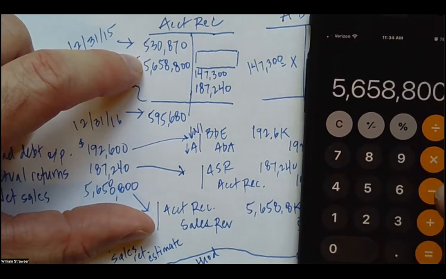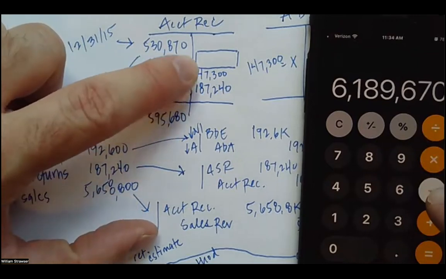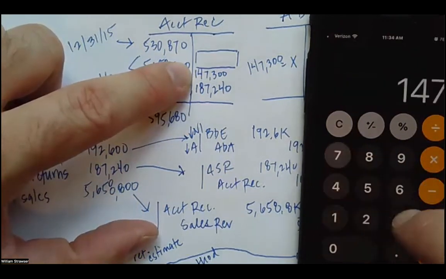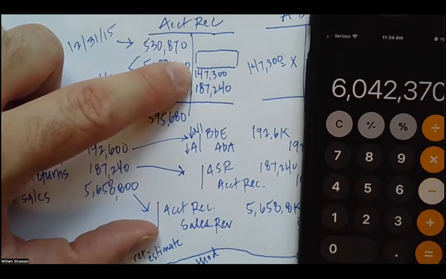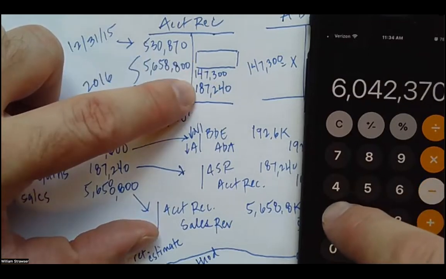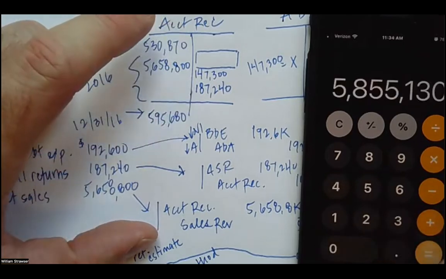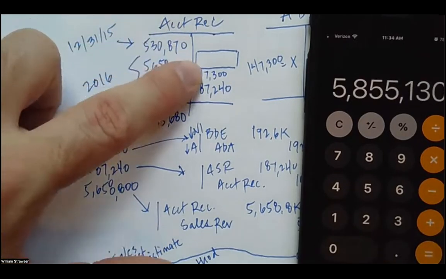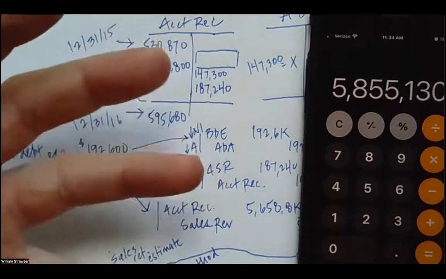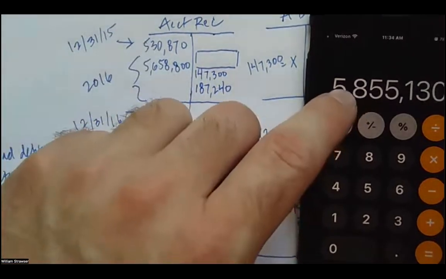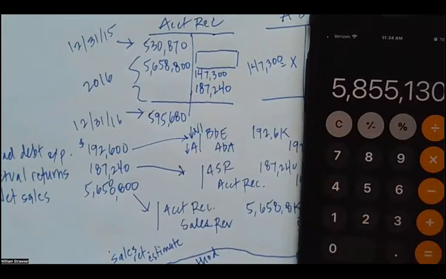And then that is reduced by the actual write-offs, 147,300. It's also reduced by the actual returns, 187,240. And that would give me, if I just consider that information, a debit balance of 5,855,000.